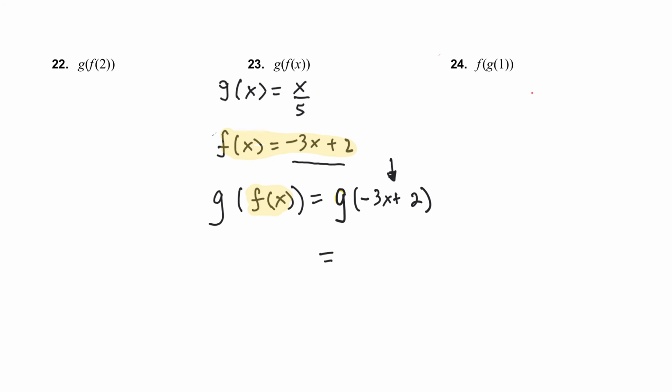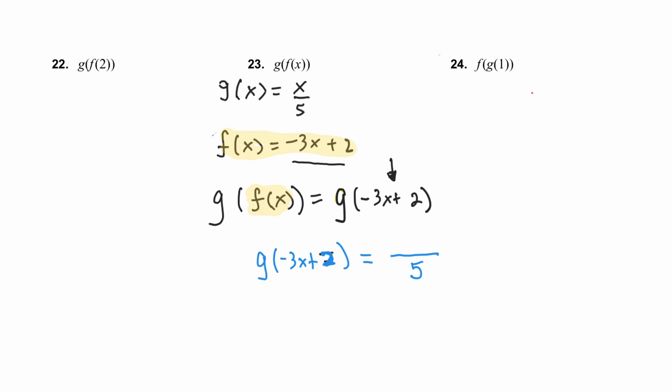So now you will have to use function g. So you have g, and you have negative 3x plus 2. That's what you're passing in. So how's that going to look? I know that g in the denominator has 5.